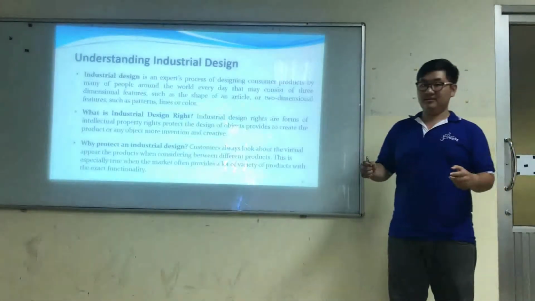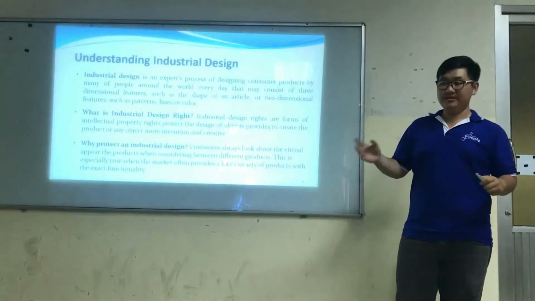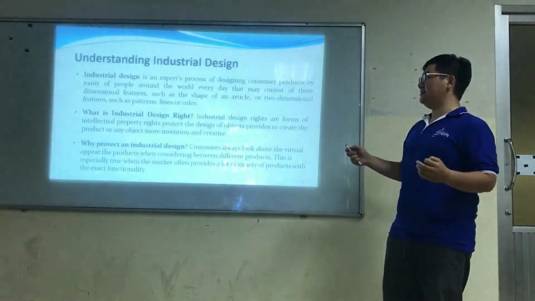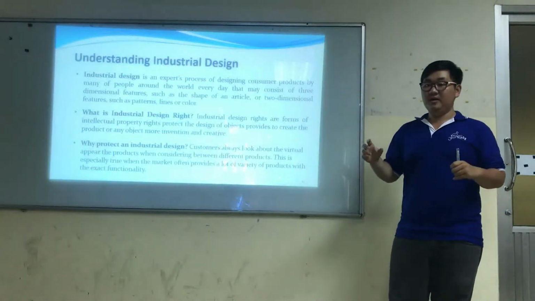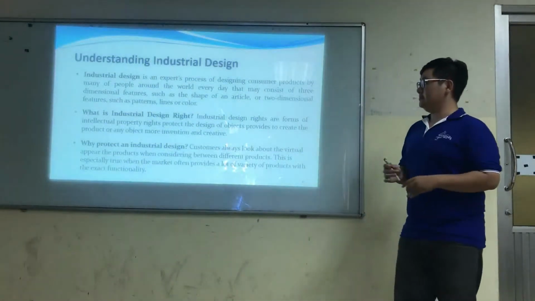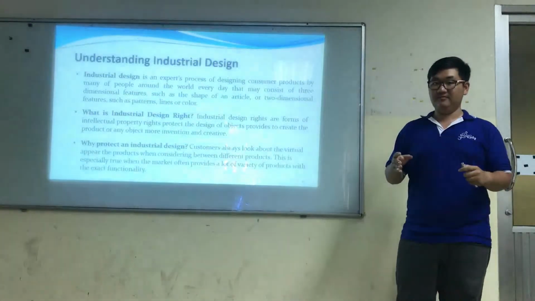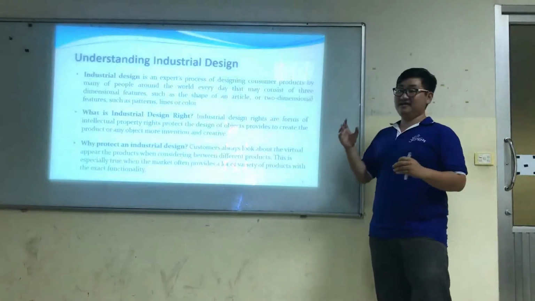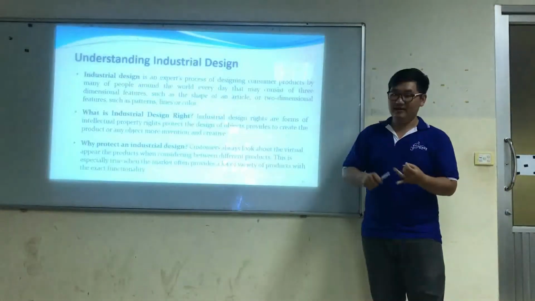So let's start with what exactly industrial design is. In my research, according to WIPO and other sources, industrial design is the expert processing of designing customer products used by many people, and it consists of 3 dimension features: the shape of the article, and the other 2 are the pattern, line, and color.